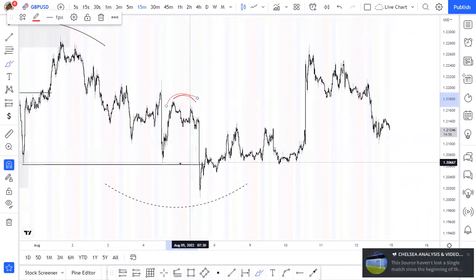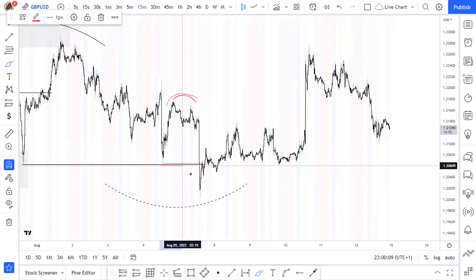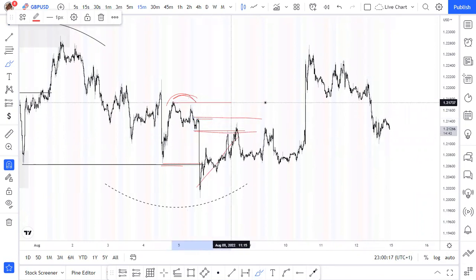That's based on the 15-minute structure. We had a break of structure here and price pulled back. We got a reaction to this supply zone, but we ultimately broke above this range here.